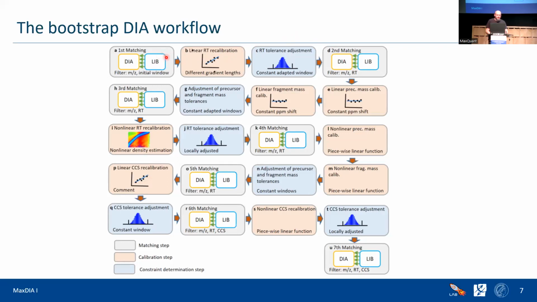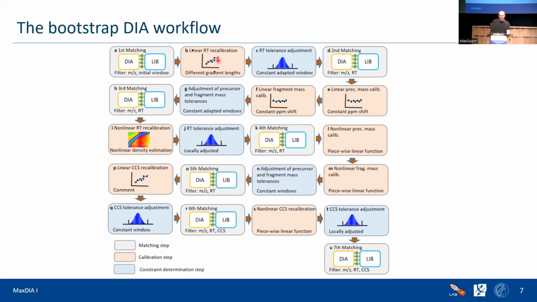Based on this first matching, these are then our calibration points as input for the next steps. The first thing we do is a linear retention time recalibration. That's actually all we can do at this stage, because the matching data will be a bit noisy, because we haven't used strict mass tolerances and things like this.